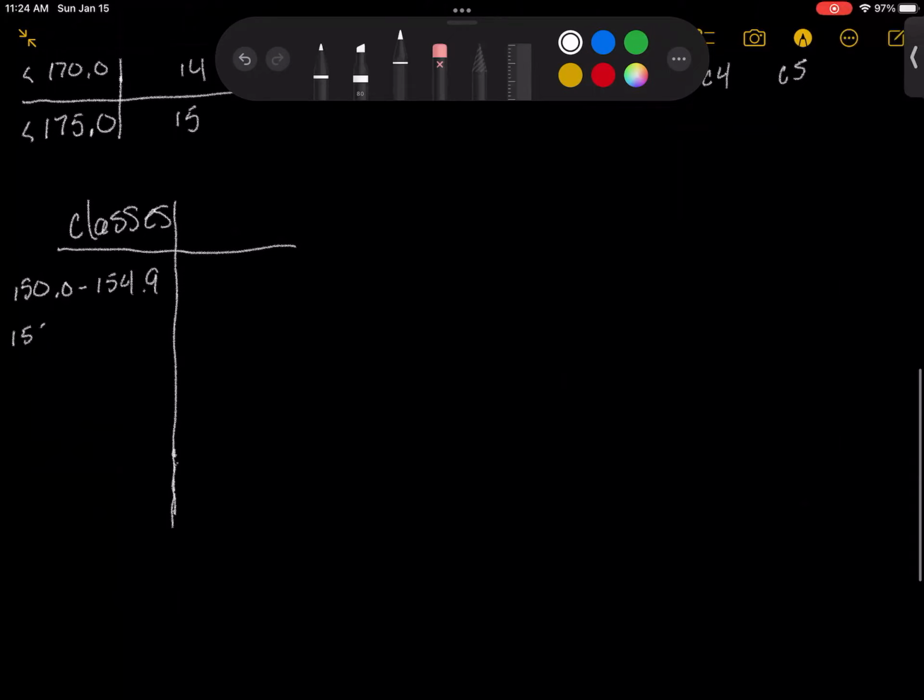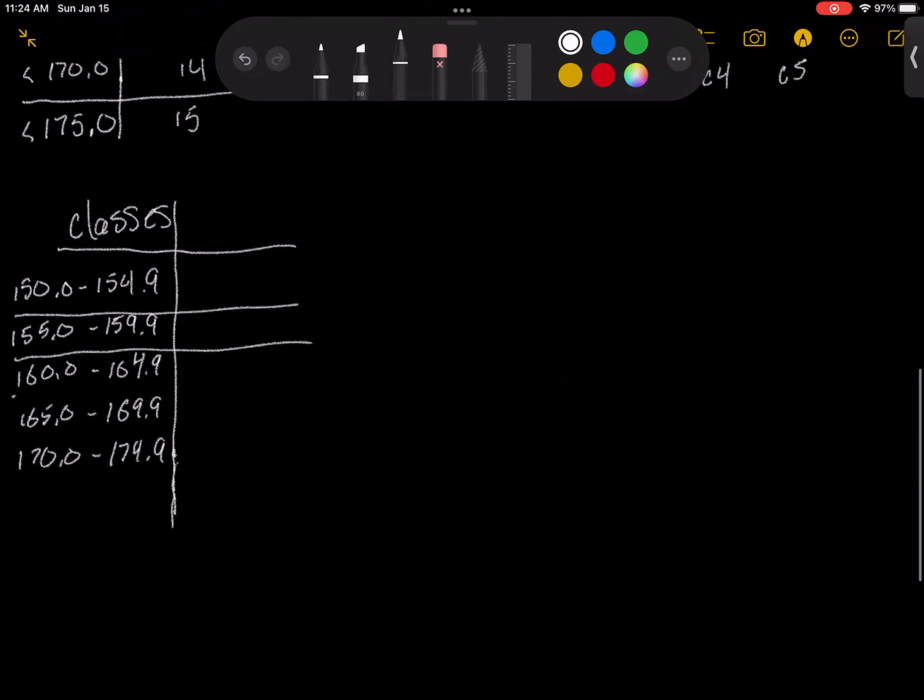The next class will be 155.0 to 159.9, 160.0 to 164.9, 165.0 to 169.9, and 170.0 to 174.9.